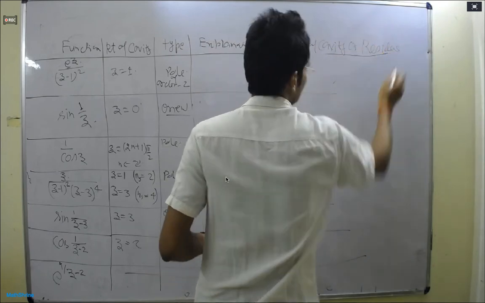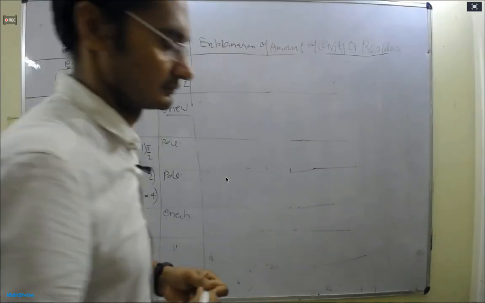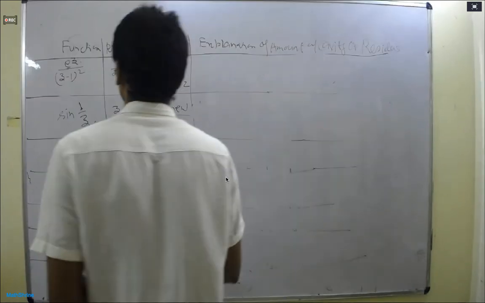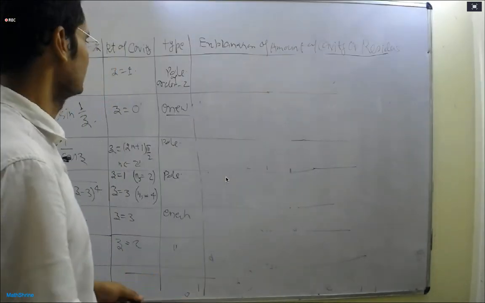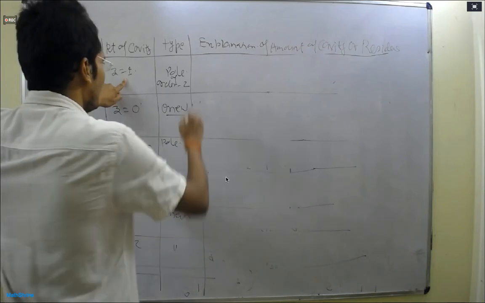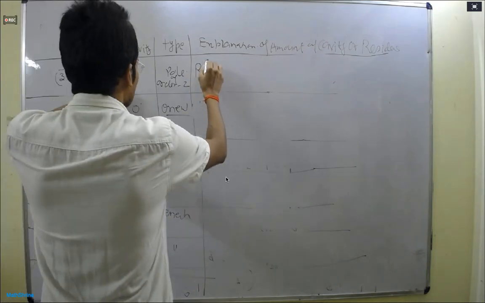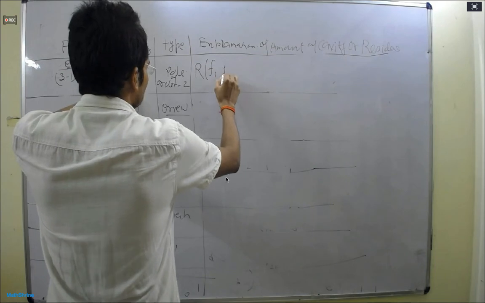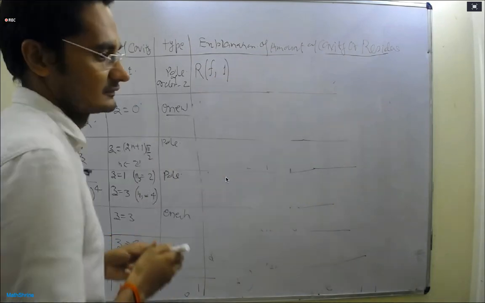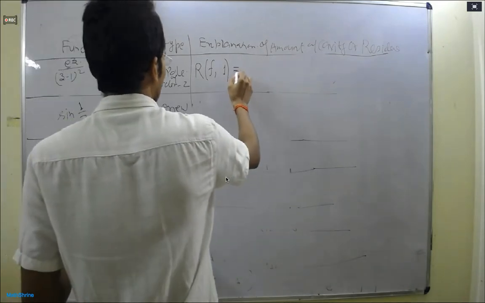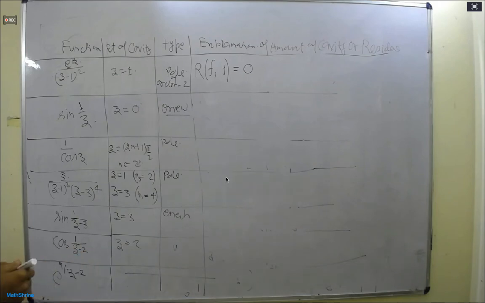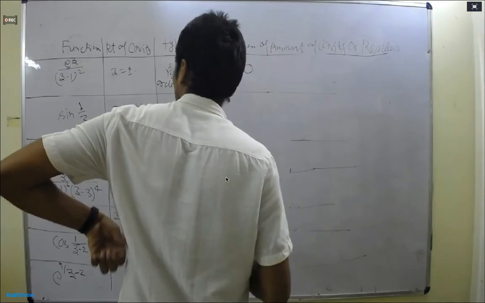Let us calculate together. See, this function has this, so the residue of the function at z is equal to 1. This will be 0. By formula you can calculate. Okay, so what is the formula?